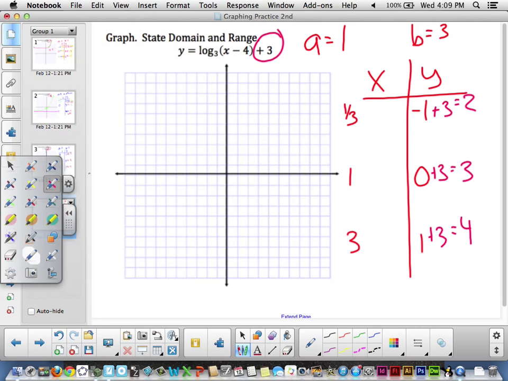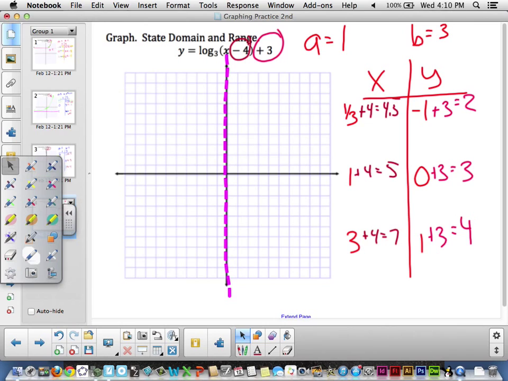Our x values, we're inside. It says minus 4, so we do the opposite since it's inside, and add 4. And we'll plot this. Remember, we have an asymptote that hangs out here. We need to do the shifts with that. We need to shift left and right and up and down.